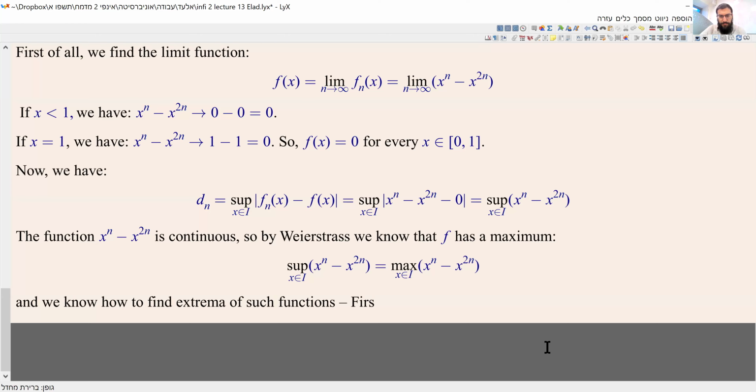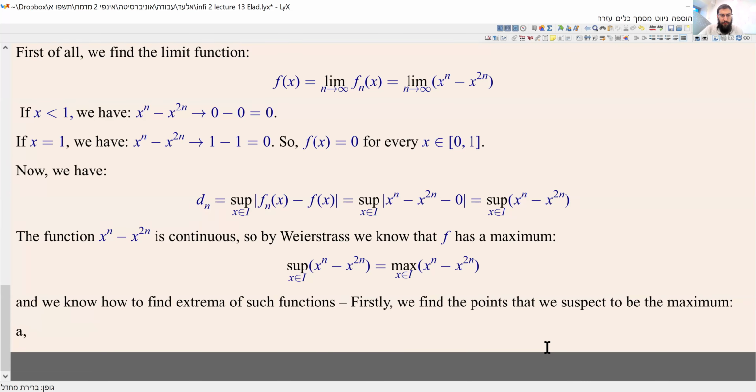Firstly, we find, in Hebrew we call it נקודות חשודות, the suspect points. We find the points that we suspect to be the maximum. First of all, points where the derivative is 0.